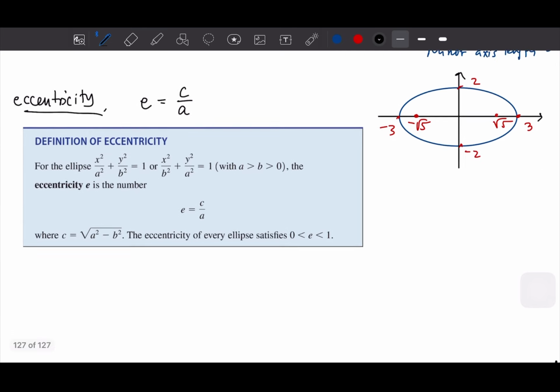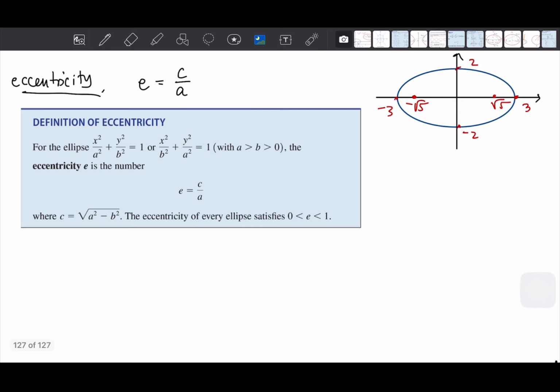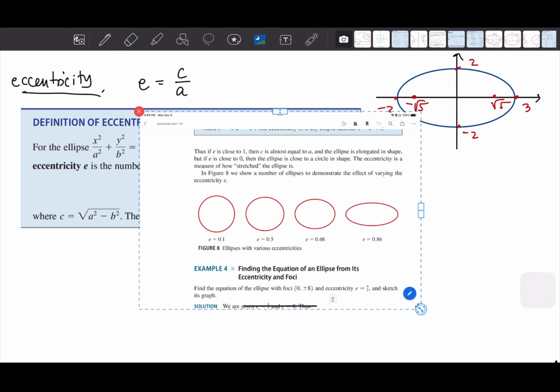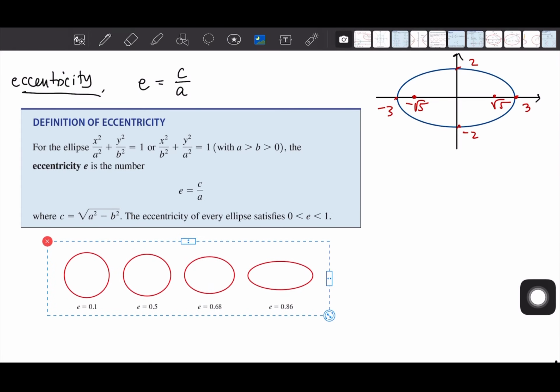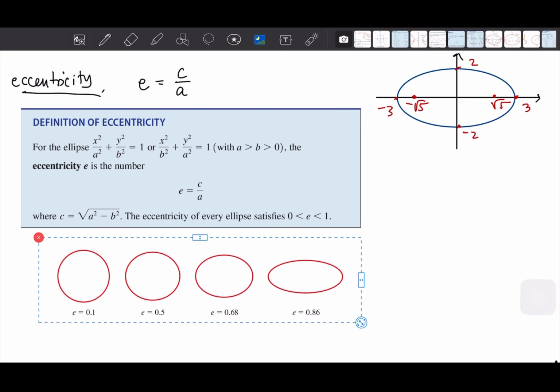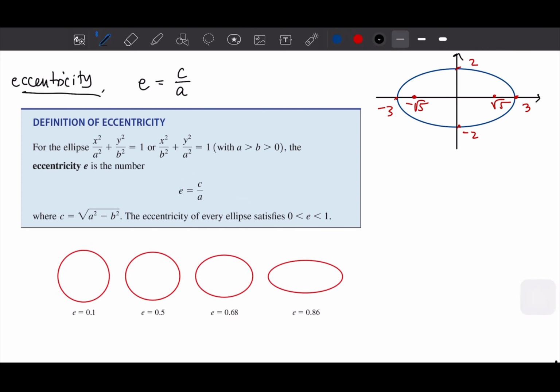For example, I haven't cropped yet. Let me crop first. The more eccentricity you have, the more elongated the ellipse will be, like maybe a mochi.